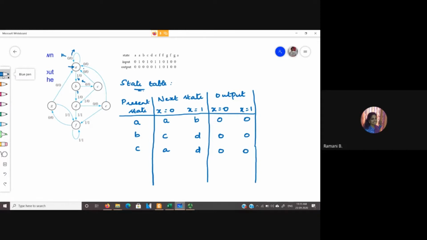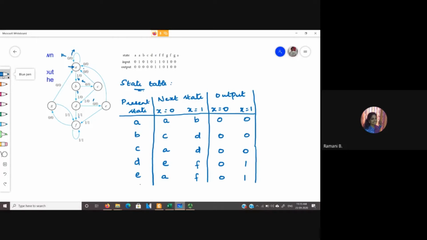Next with state D, when input is 0, I am going to state E and the output is 0. When input is 1, I am going to state F and the output is 1, as we have 1 bar 1. Next with state E, for input 0, I am going to state A and the output is 0, and when the input is 1, I am going to state F and the output is 1.